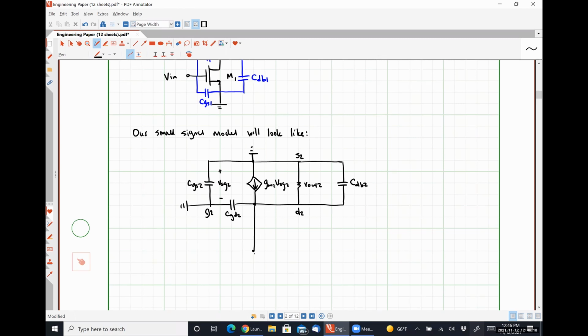Down here for my NMOS, I'll effectively have the exact same thing, except that my gate voltage will no longer be tied directly to ground. GM1, VGS1 goes here.